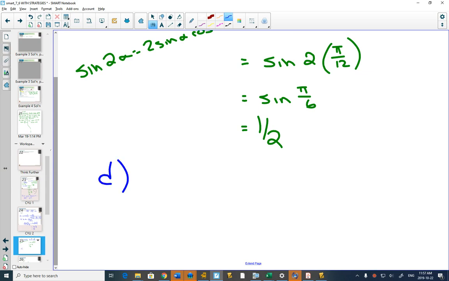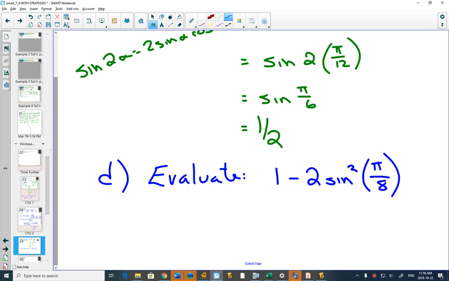Part D, one for you to try. Evaluate pi over 8. Definitely not on our pi plate.